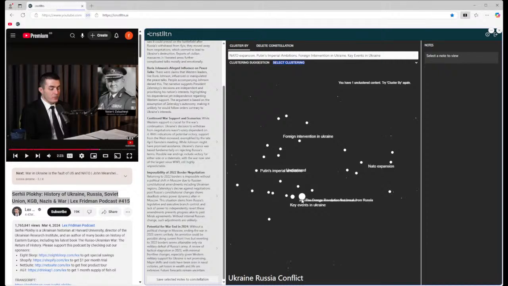There are some key events in Ukraine in terms of these two revolutions, and to what extent there's been Russian or US or British, I suppose, in the case of Boris Johnson, intervention. And then there's this central issue of NATO expansion.